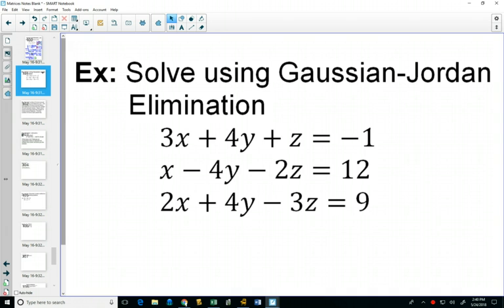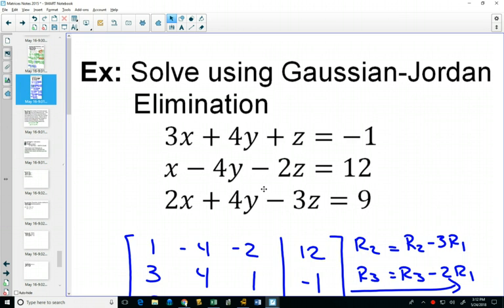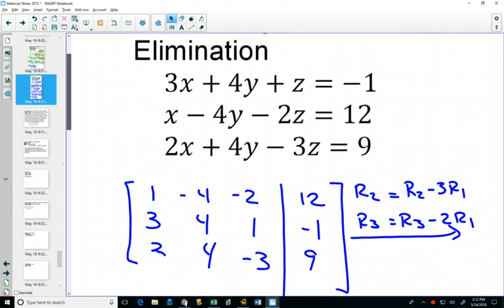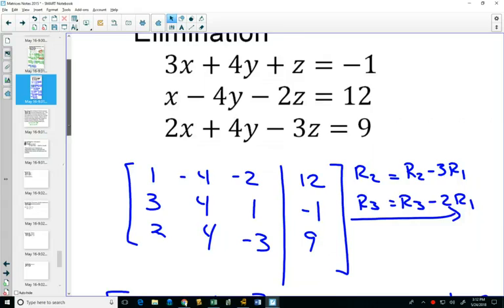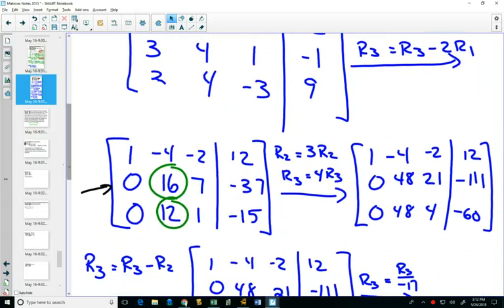No. But this is what I did for this one. First of all, I wrote equation 2 first to get a 1 in the top left-hand corner. Then I succeeded in getting both of those zeros.